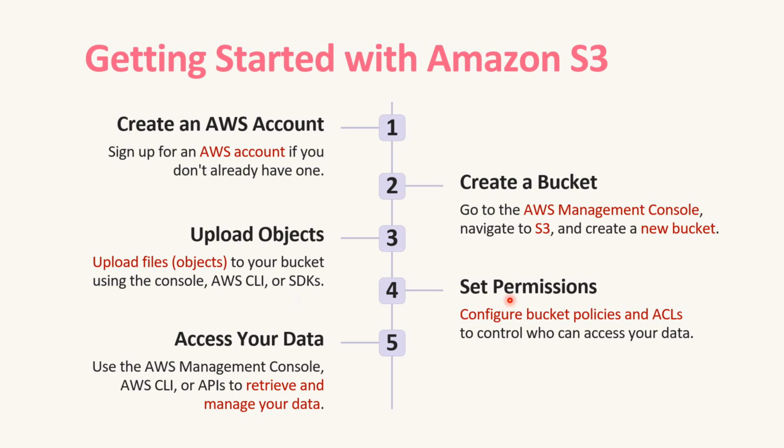Then set permissions. Configure bucket policies and access control lists to control who can access your data. Then access your data. Use AWS Management Console, AWS CLI or APIs to retrieve and manage your data.